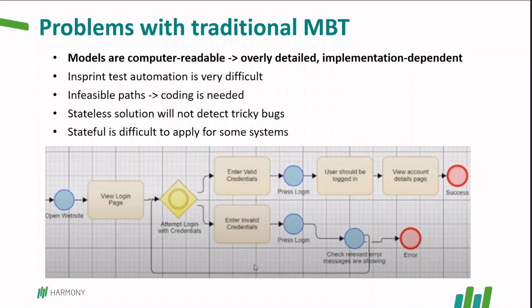For example, if a step is to add the third car into the cart, then the next step to remove the second car is not possible because you should first remove the third car. To avoid this infeasible path problem, coding is required.